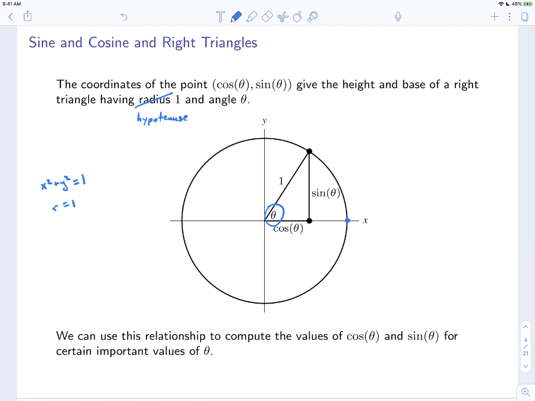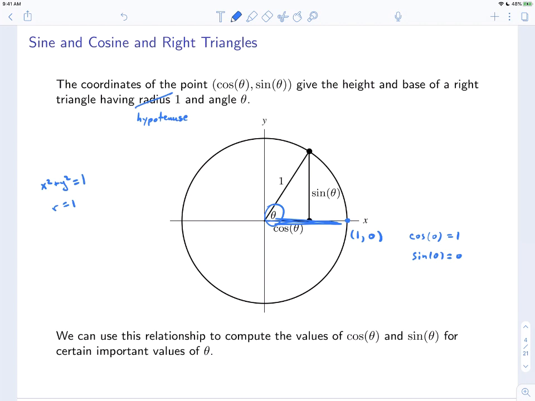So the x-coordinate of the point where the circle intersects the positive x-axis is going to have value 1, and the y-coordinate is going to be 0 because it's intersecting the x-axis. This tells us that cosine of 0 is equal to 1, and sine of 0 is equal to 0, because if we're looking along the positive x-axis, that means theta is equal to 0 in this case.